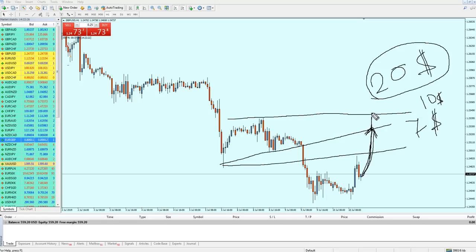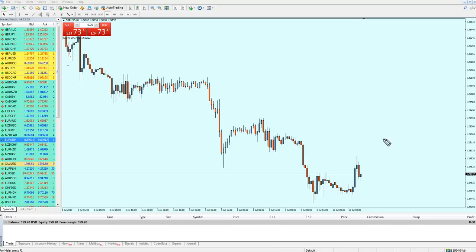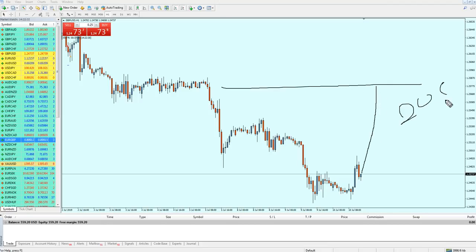Let's say the market just continue to go even more and more, and the $20 barrier has been approached. Then just close your trade with a loss. $20 loss, for example, from $300 or $400 account, that is very easy to recover, and it's nothing to mention. That is normal to be happening actually.